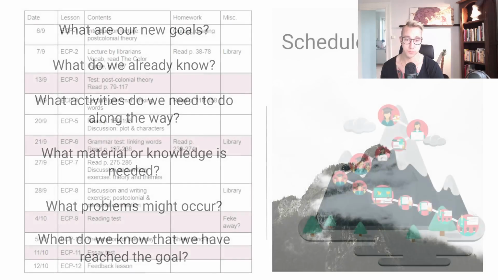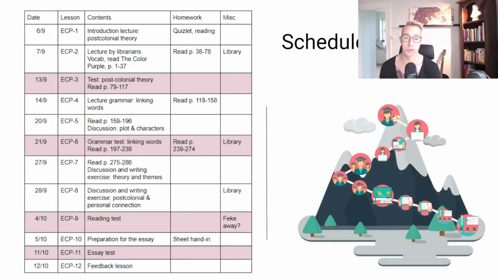The schedule itself looks like this, and as always in my classes, we divide the overall learning goals into 12 lessons.